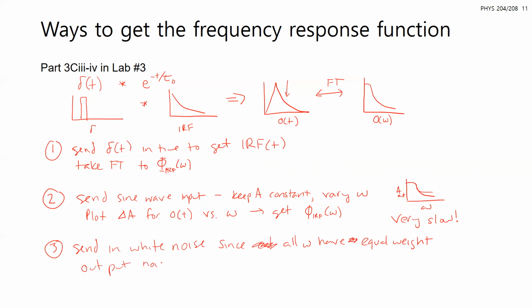The output of the noise would then have your frequency spectrum present. So your output in time, take that Fourier transform, and it will show you which frequency components have been removed.